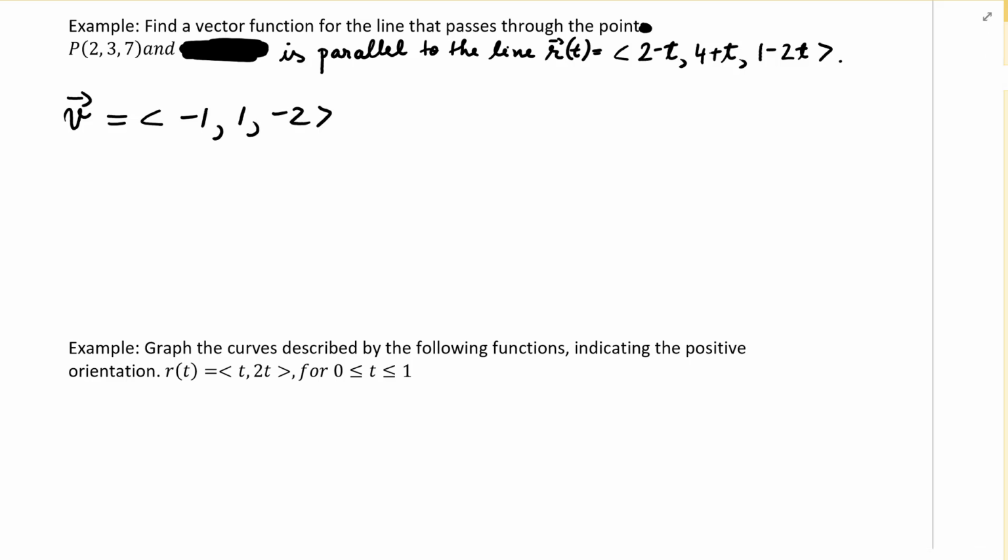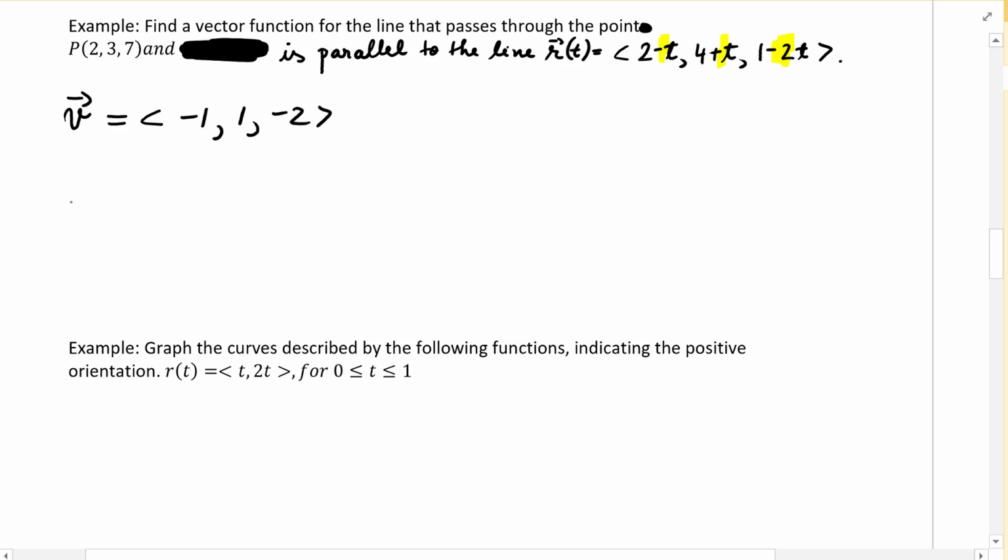These values are given by the coefficients of t from here, because if the lines are parallel, then their slopes are equal.